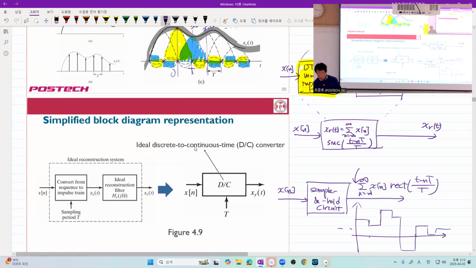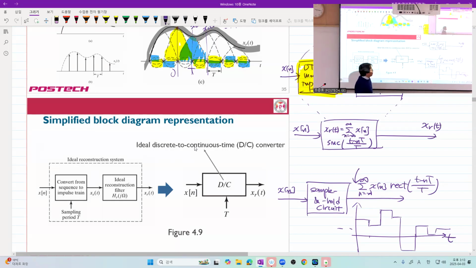Got it? So mathematically speaking, it's the same as a D2C converter that does not use a sinc pulse, but uses a rectangular pulse. So mathematically, we can think about a non-ideal D2C converter utilizing a rectangular pulse with width same as the sampling period.